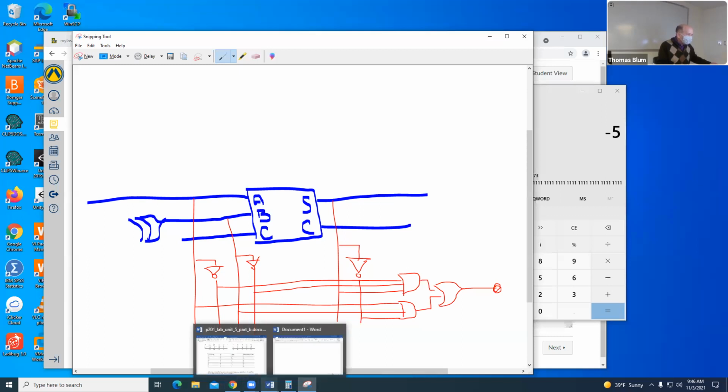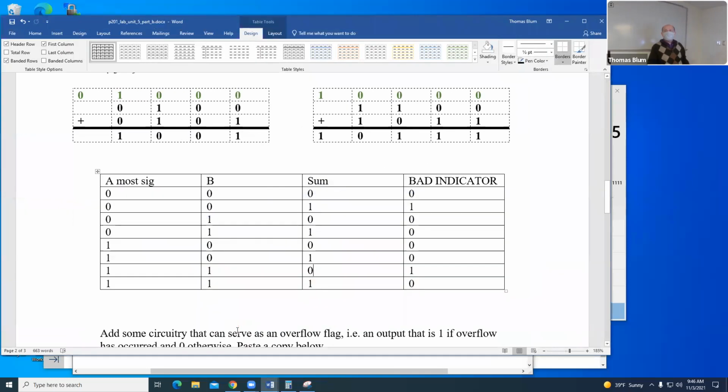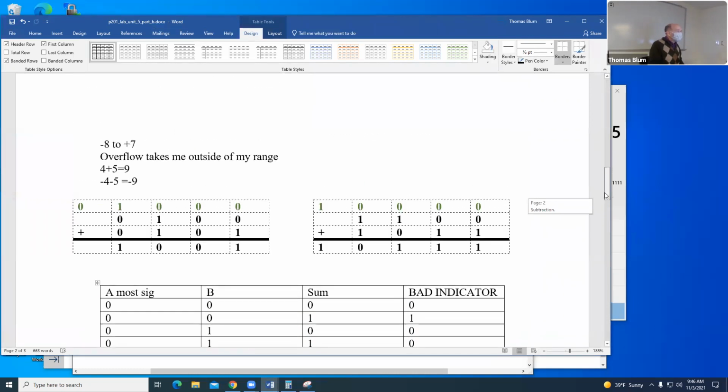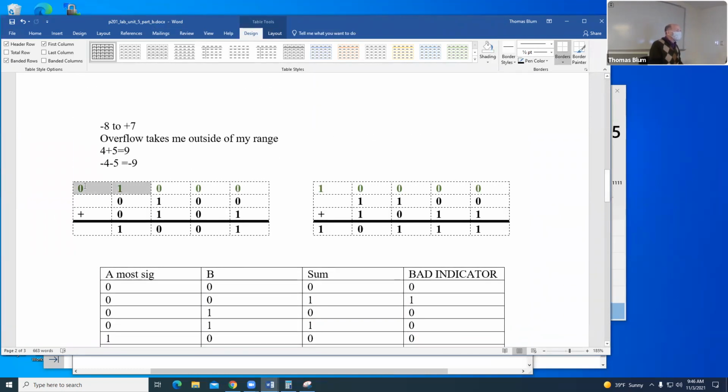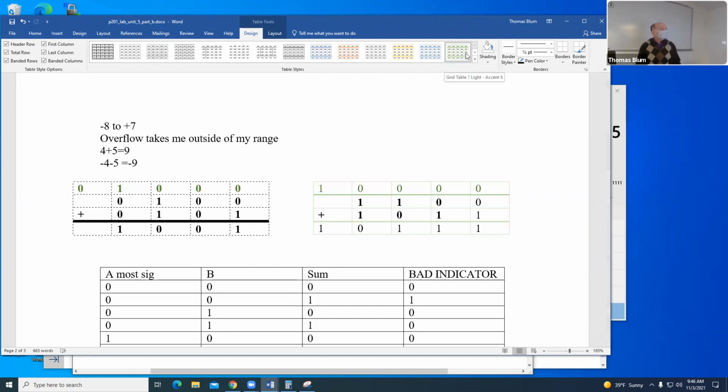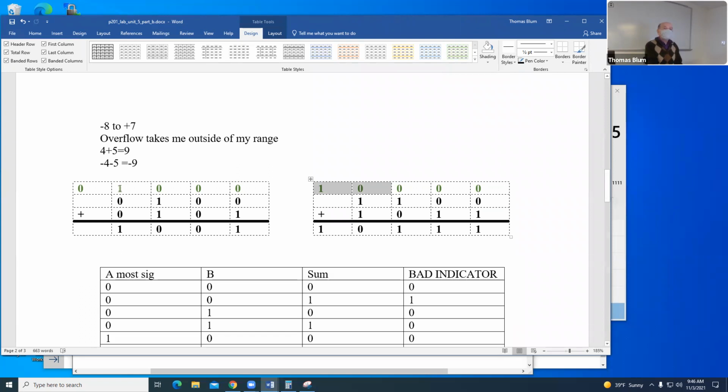What the slicker way, that if you Google, you find, or now I'm also telling you, is you can play with these 2 carries. You can play with the carries, and you can see that both of these bad situations had one of the carries. So there's the carry in, or you can say this guy is the carry in, but he's also the carry out from the previous addition.